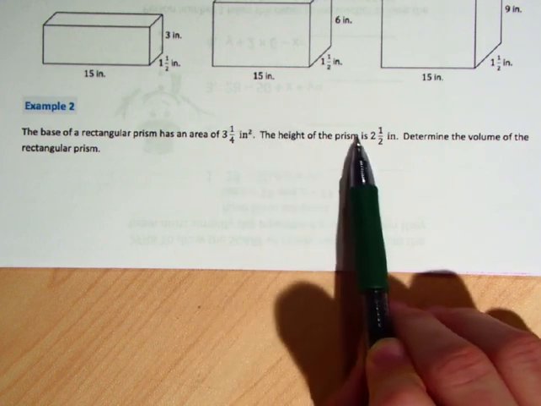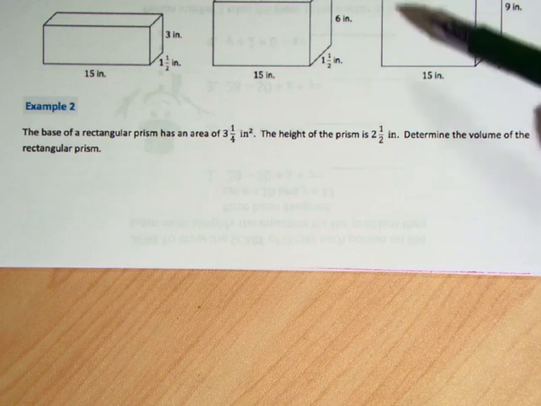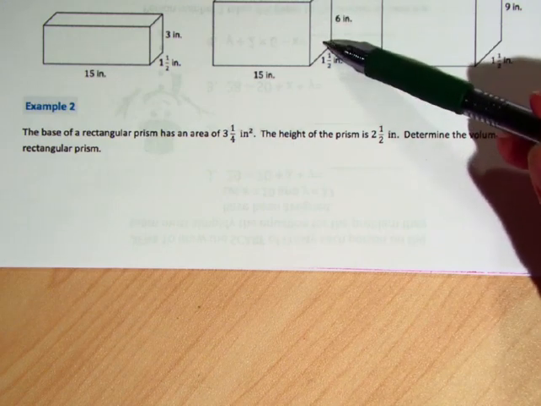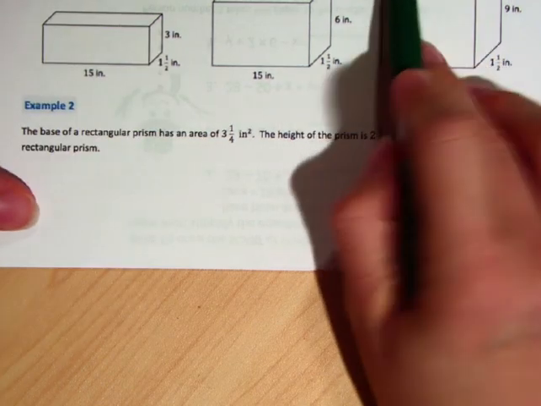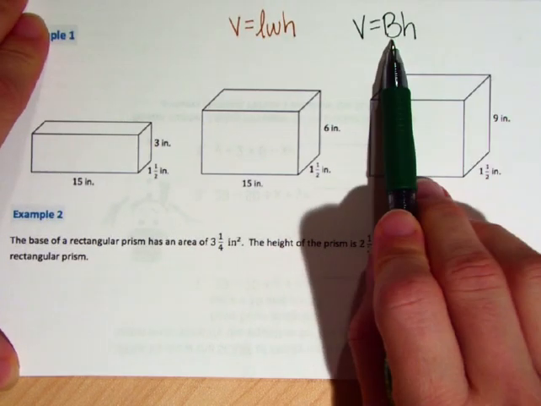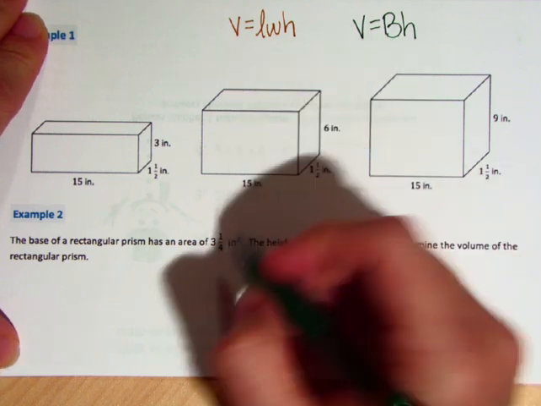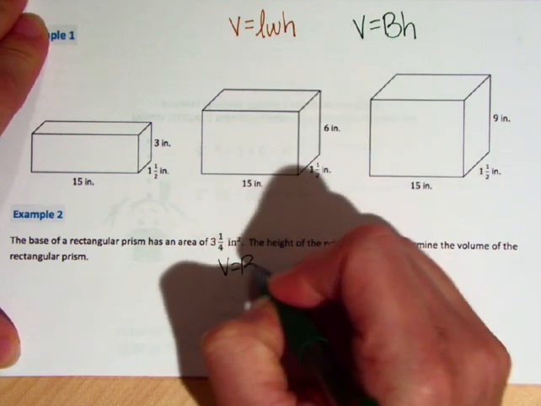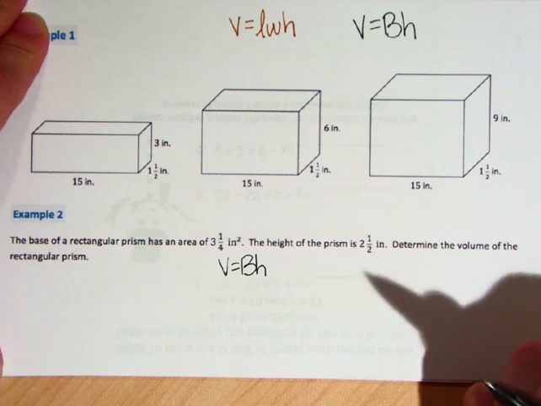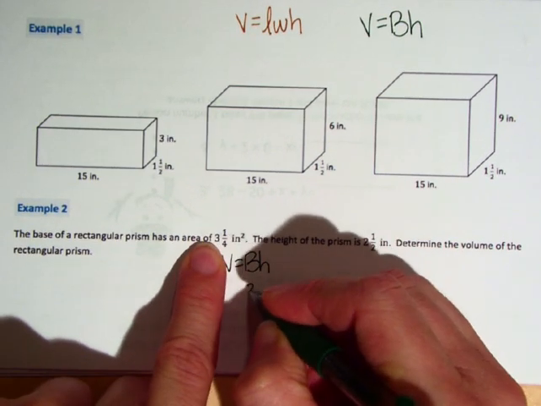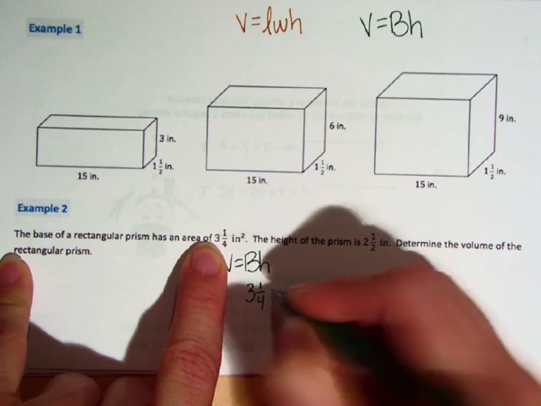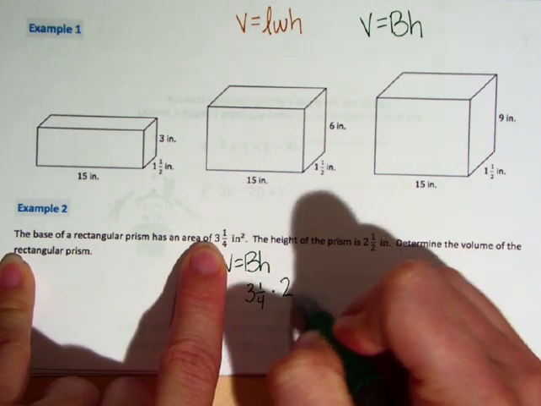The height of the prism is 2.5 inches, so it's 2.5 inches tall. Determine the volume of the rectangular prism. So we're going to use this formula here because we know the area of the base. We don't know the dimensions for it, but we know its area. So we're going to plug in the area of the base, 3 1/4, times the height of 2 1/2.